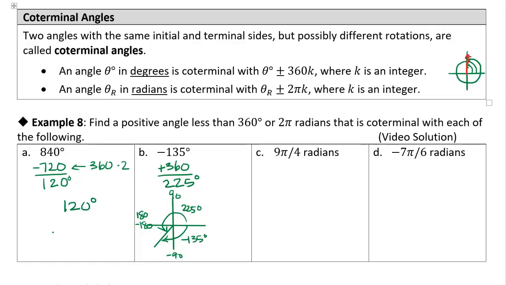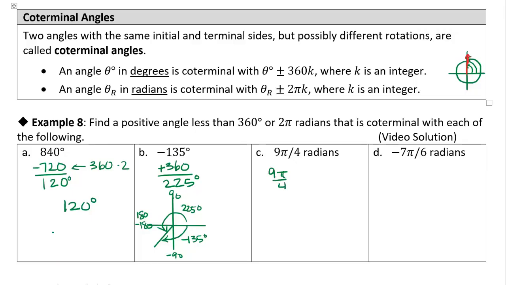Now we have an angle in radians. If it doesn't give a unit for an angle, you can assume that it's in radians. So now 9 pi over 4. That's bigger than 2 pi, because 2 pi is equivalent to 8 pi over 4, and we've got 9 pi over 4. So let's subtract 2 pi from 9 pi over 4.